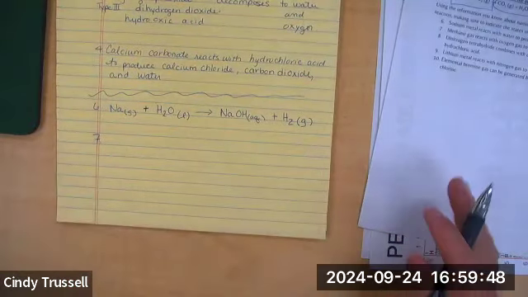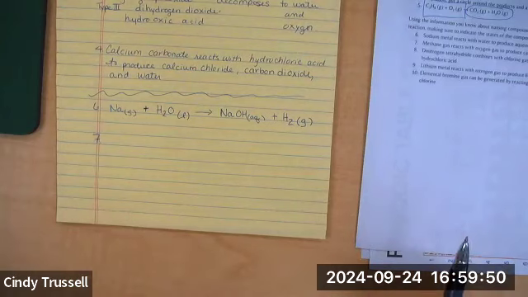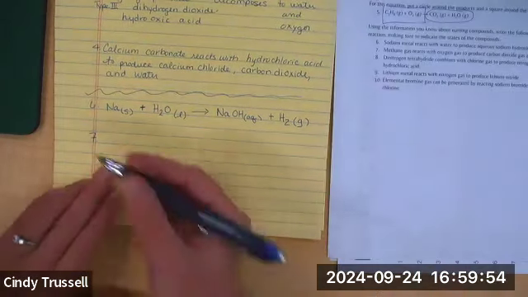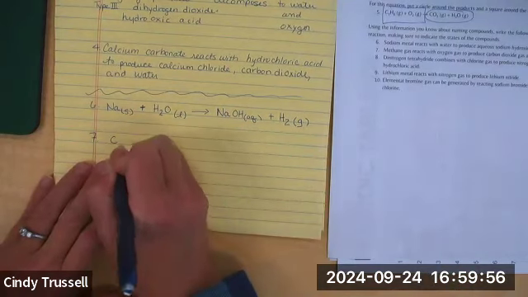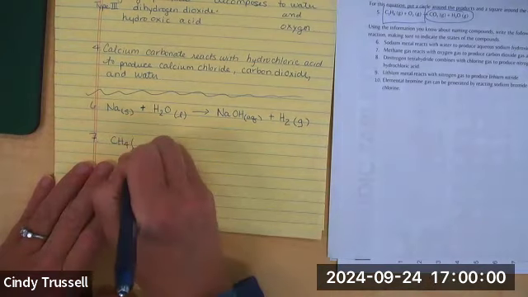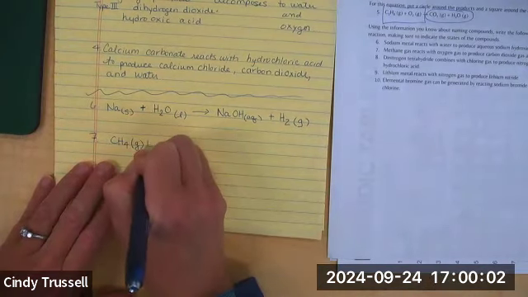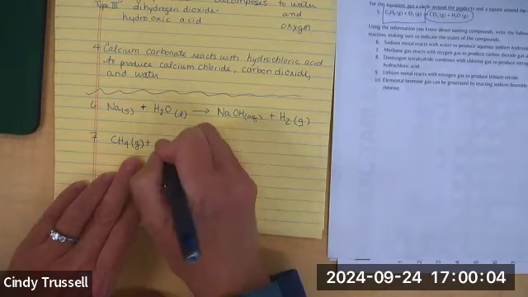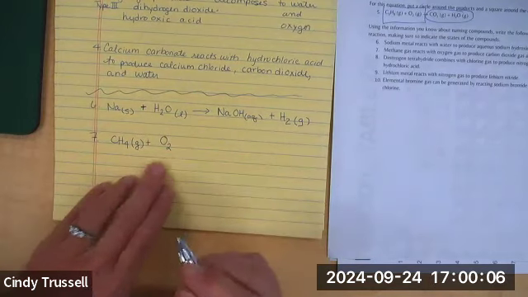Number 7, methane gas reacts with oxygen gas to produce carbon dioxide gas and steam. So methane gas, methane is one of the ones that you need to memorize, and so that is CH4, and that is a gas. And it reacts with oxygen, so O2. This is our burning equation.